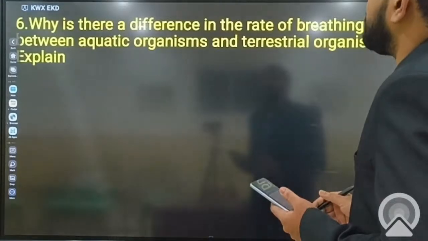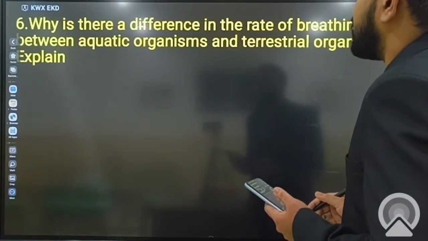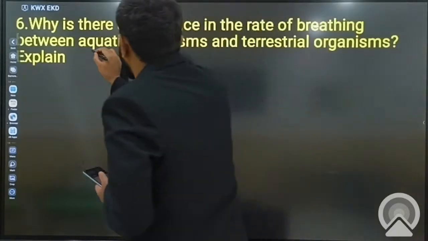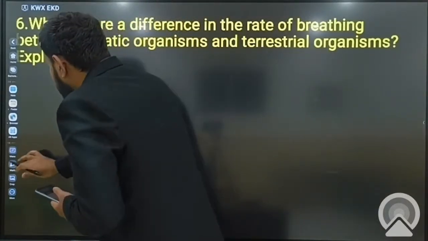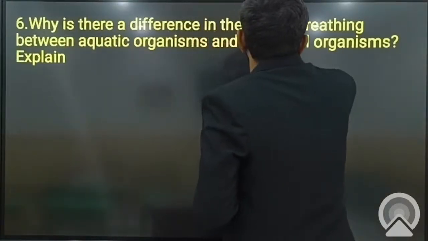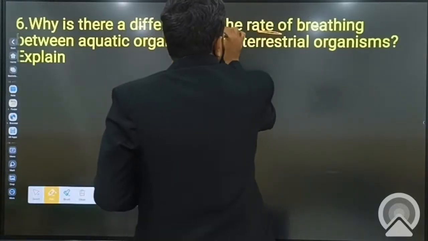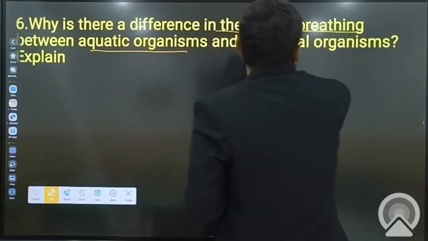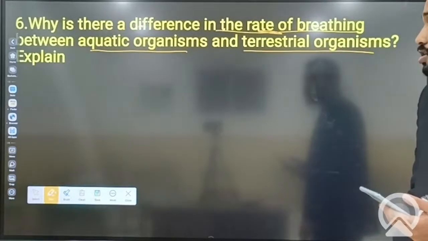Why is there a difference in the rate of breathing between aquatic organisms and terrestrial organisms? What is the difference between the rate of breathing in aquatic and terrestrial organisms?